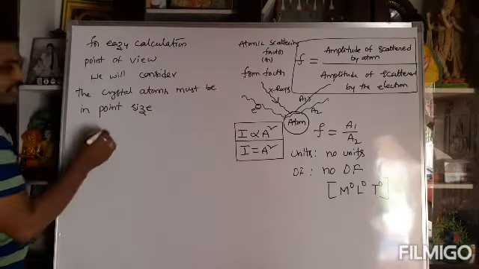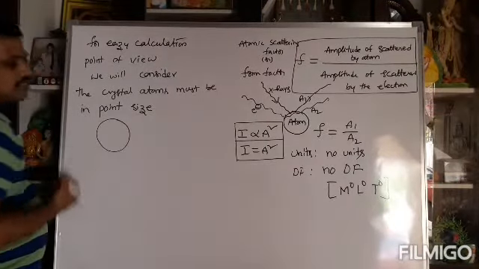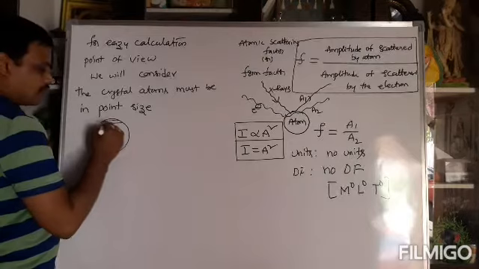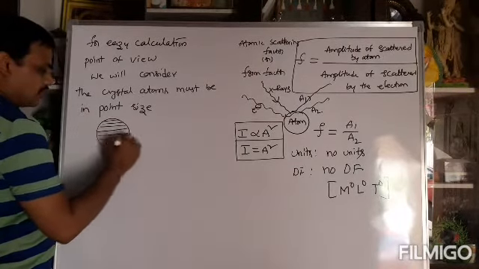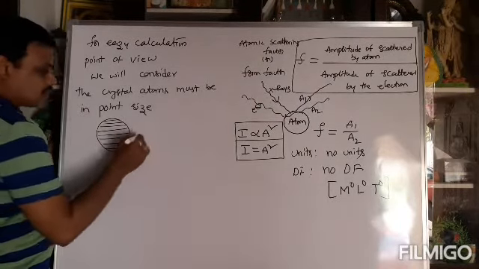That means you can consider one atom like this. This is complete atom in the crystal, one of the atoms in the crystal. This complete atom can be considered as point size.